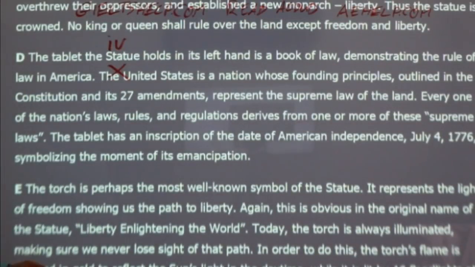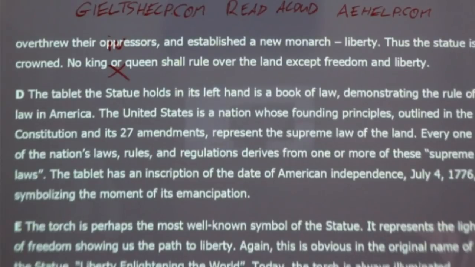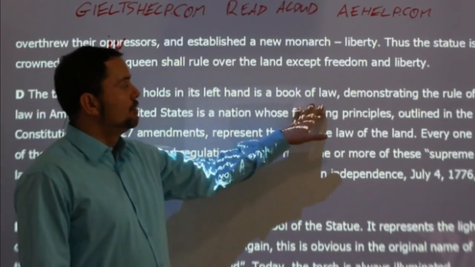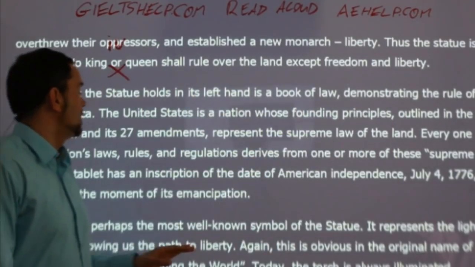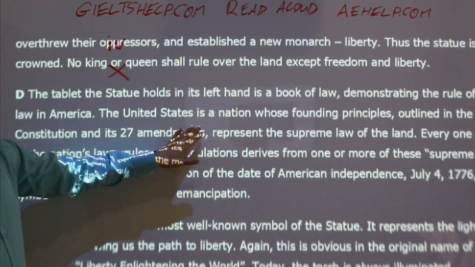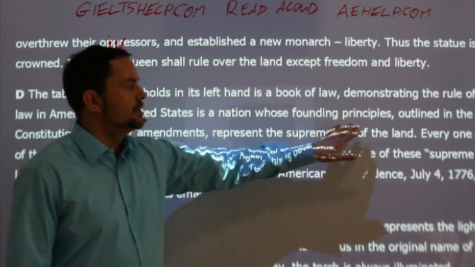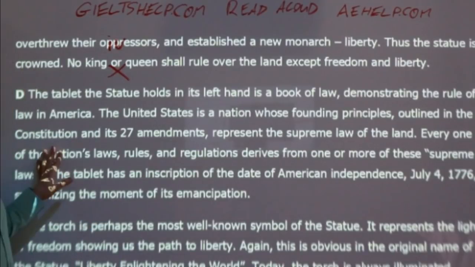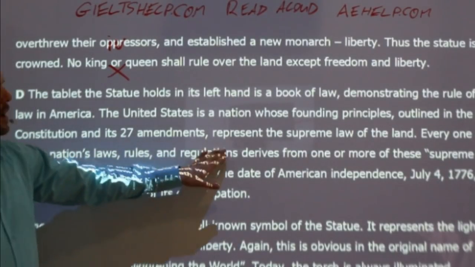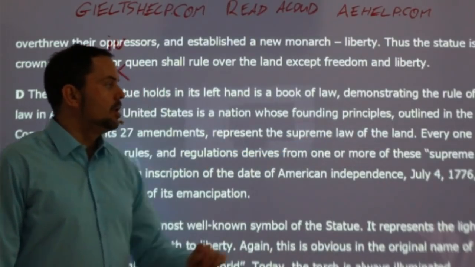Here we go. So read with me. The tablet the statue holds in its left hand is a book of law, demonstrating the rule of law in America. The United States is a nation whose founding principles outlined in the Constitution and its 27 amendments represent the supreme law of the land.